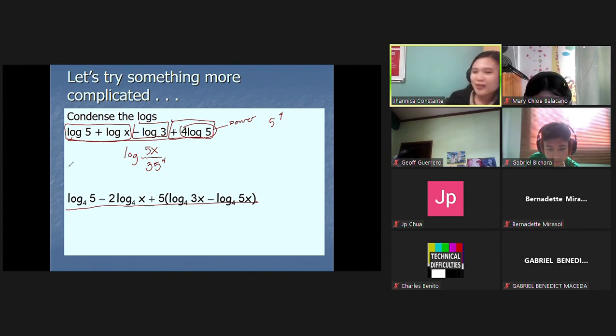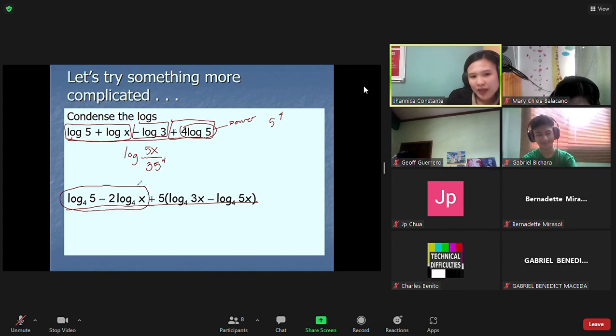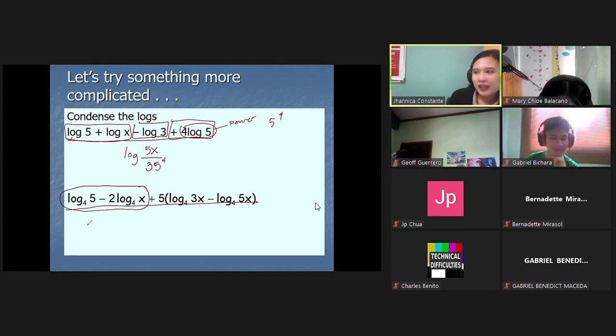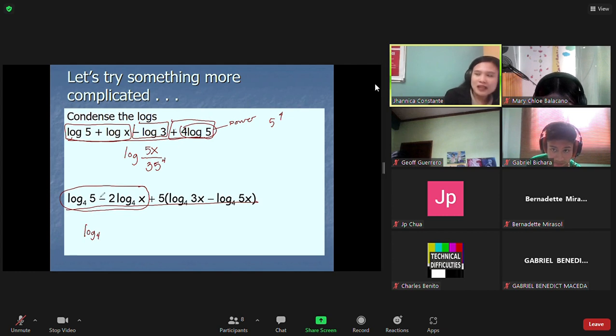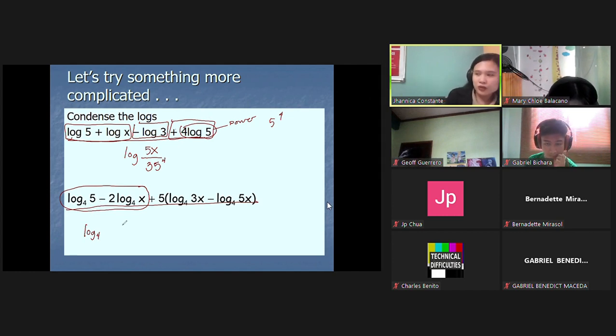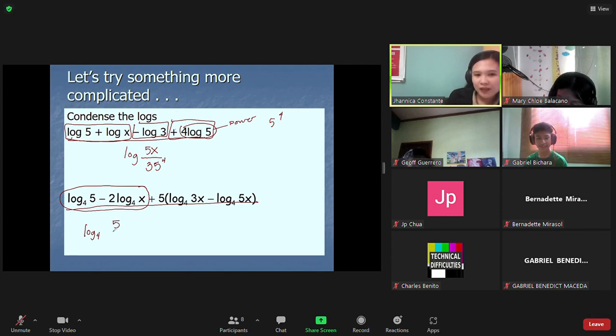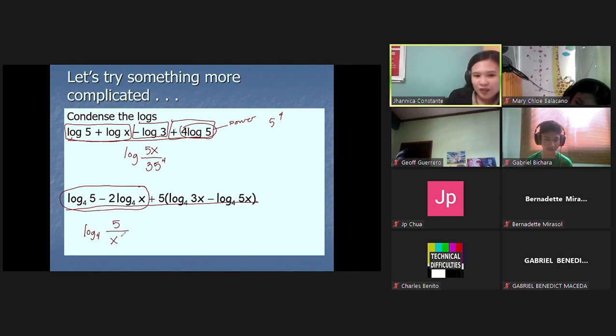So let's start with these two functions that we have. So we will be having logarithmic 4. Since it's subtraction, that means the rule being involved is the quotient rule. So you will be having 5 over x squared.